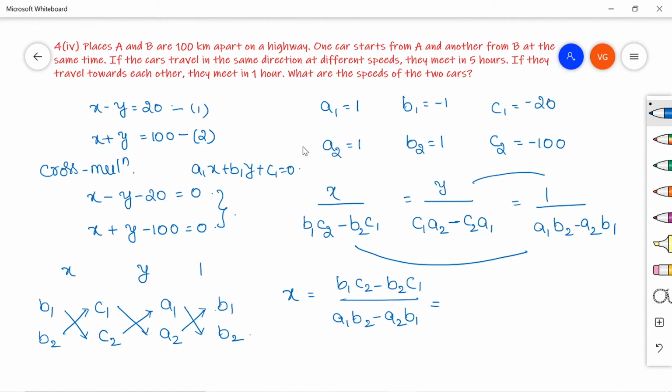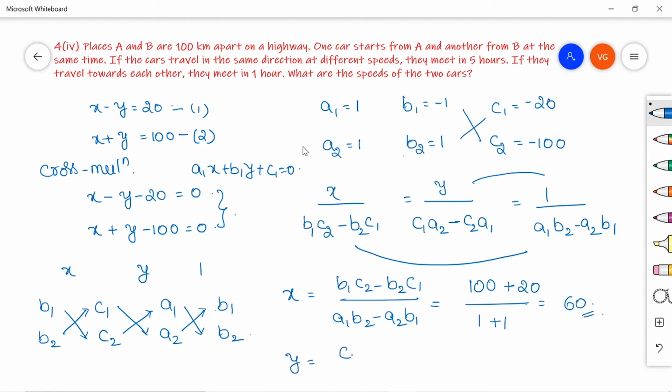So b1c2 and b2c1, these two. So minus 1 into minus 100, that is 100. Then minus of minus 20, plus 20, divided by a1b2 minus a2b1, 1 and minus of minus, plus 1. So 120 divided by 2. So it is 60. Then similarly y I'll write here.